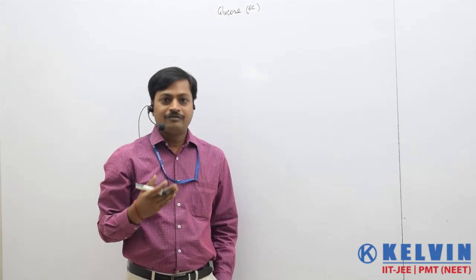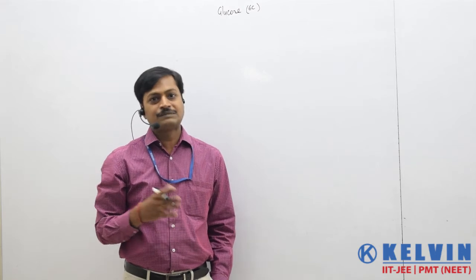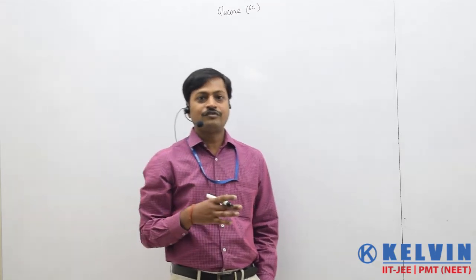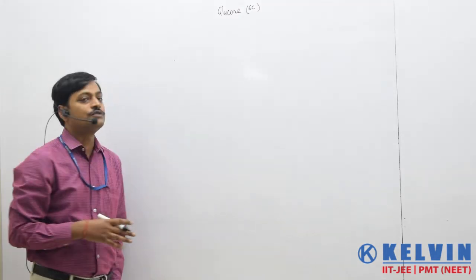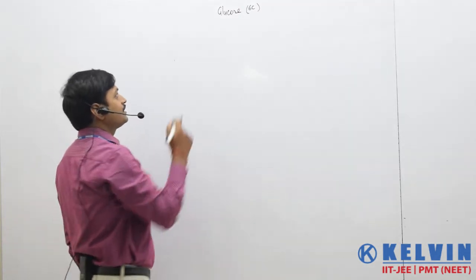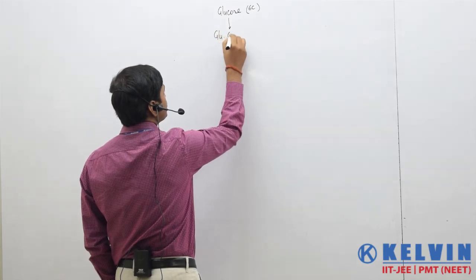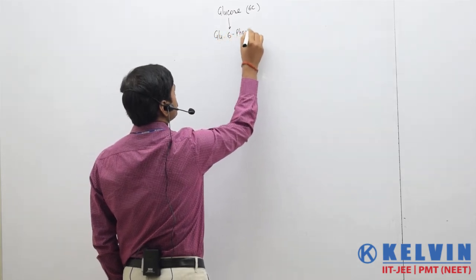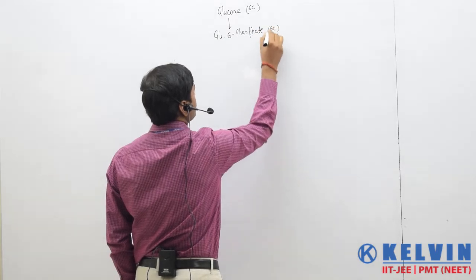So if phosphate is added to the end, then the compound will be weak, so splitting will be easier. So in a cell, if phosphate is added to glucose, in the first reaction glucose is converted into glucose 6-phosphate. That is also a 6-carbon compound.